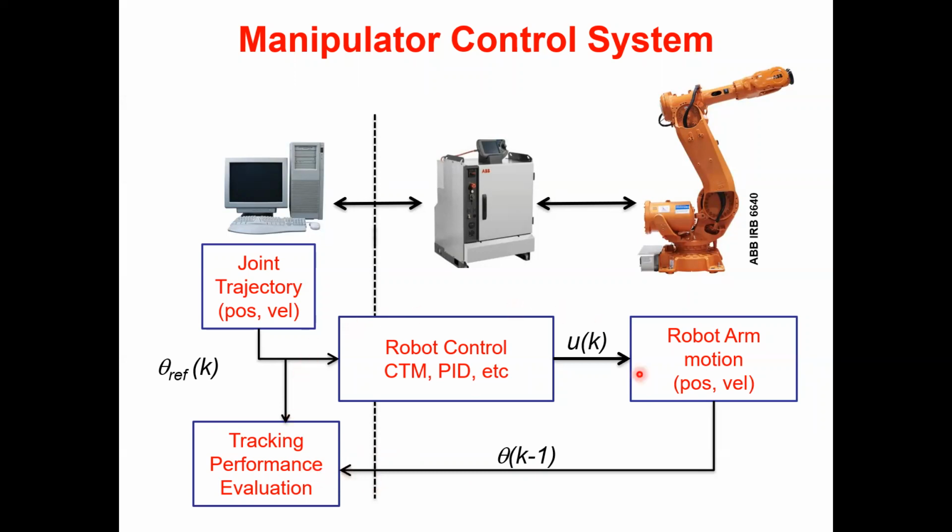So when this is happening, there's some process that is on watch: tracking performance evaluation. As I mentioned earlier, the trajectory that you generate here is what is called the reference trajectory. It is the desired trajectory. Very much like when you send a spacecraft from Earth to Mars, you have a time trajectory at every step of the way, every hour.